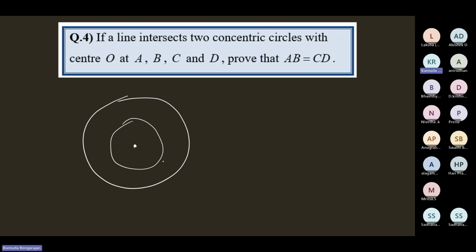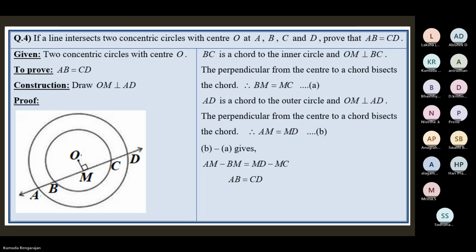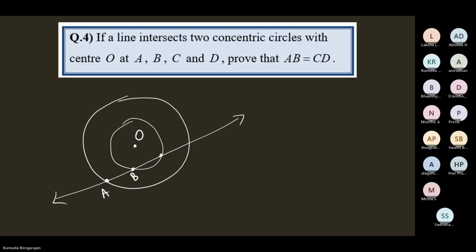So a line intersects two concentric circles with center O at the points A, B, C, and D. We need to prove that AB is equal to CD.